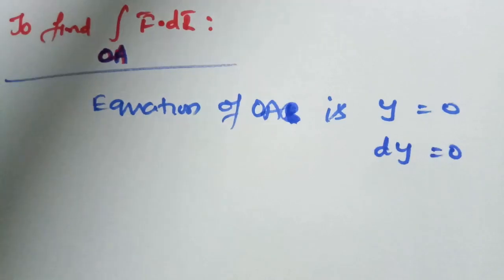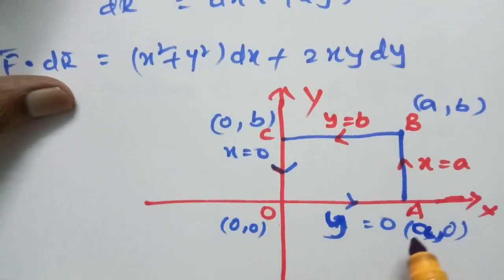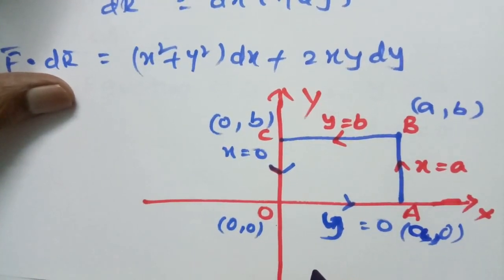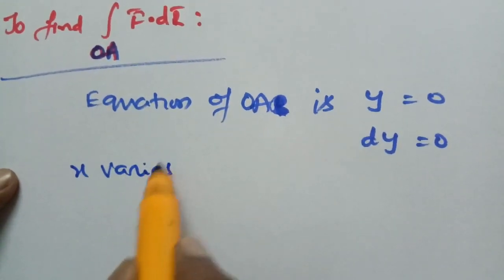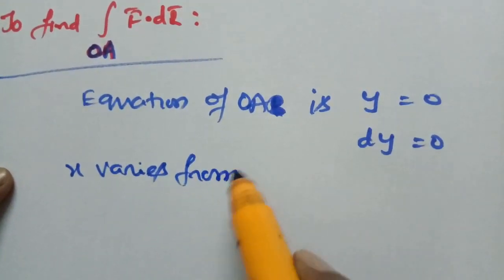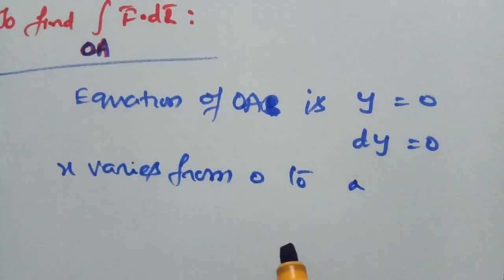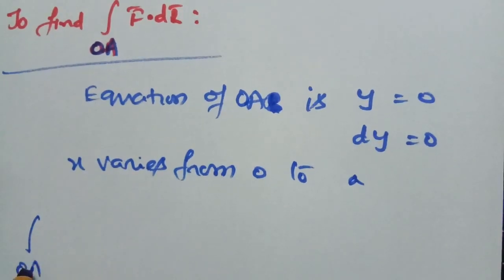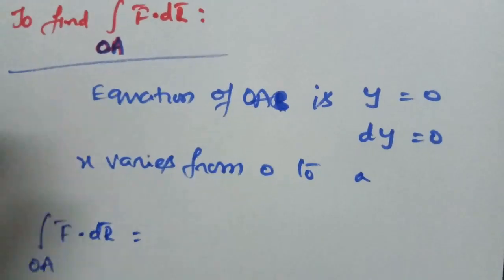And here x varies from 0 to a. Therefore, integration along OA of f bar dot dr bar.